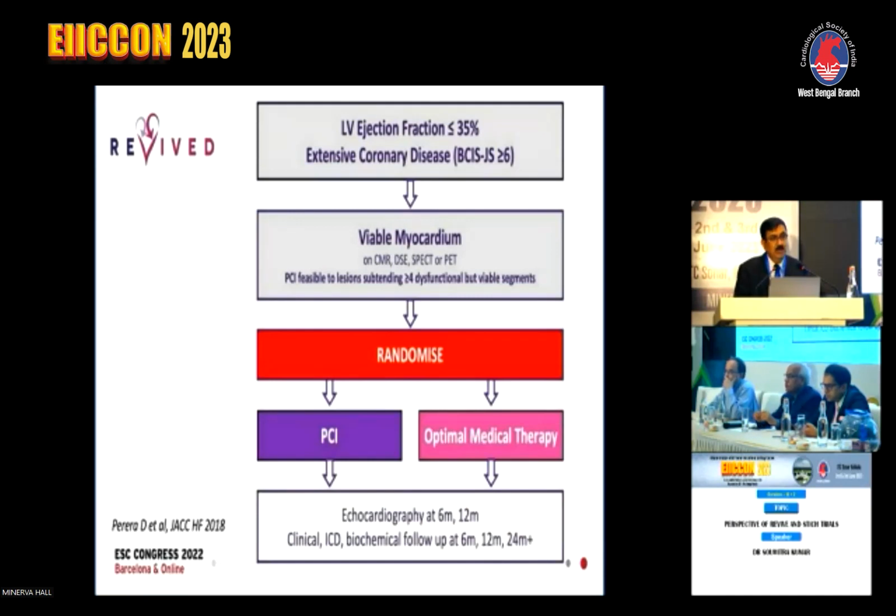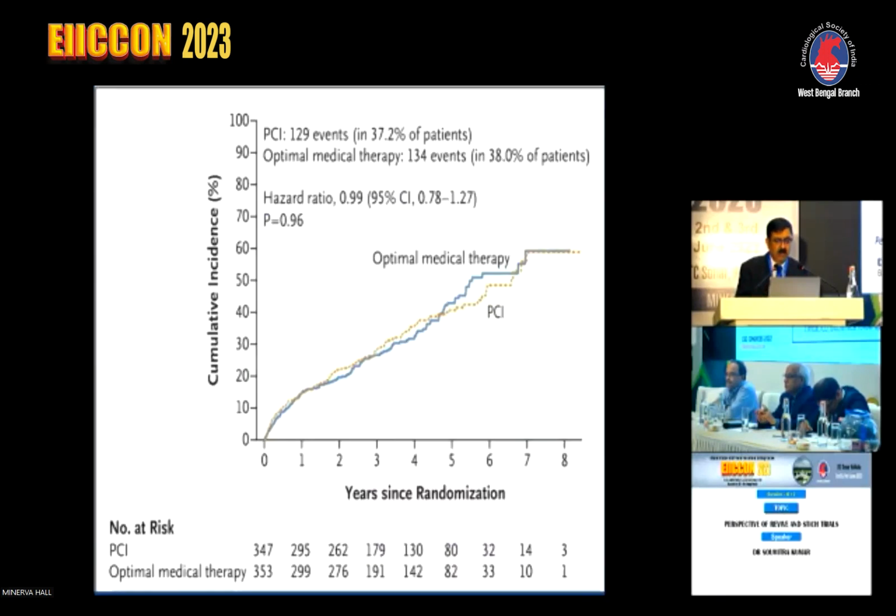Optimal medical therapy was also state-of-the-art, as I'm going to show you. Echocardiography at 6 months and 12 months, and the clinical and biochemical follow-ups were done at 6 months, 12 months, and 24 months. So it was not a very long follow-up. It was mostly 2 years or so.